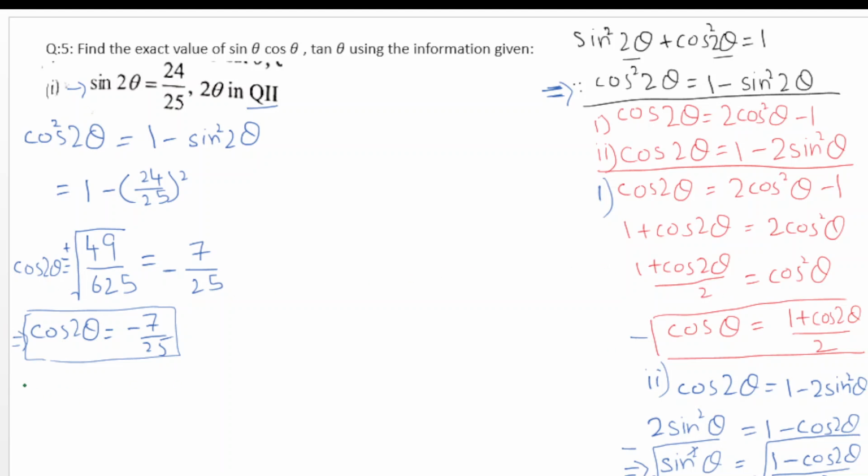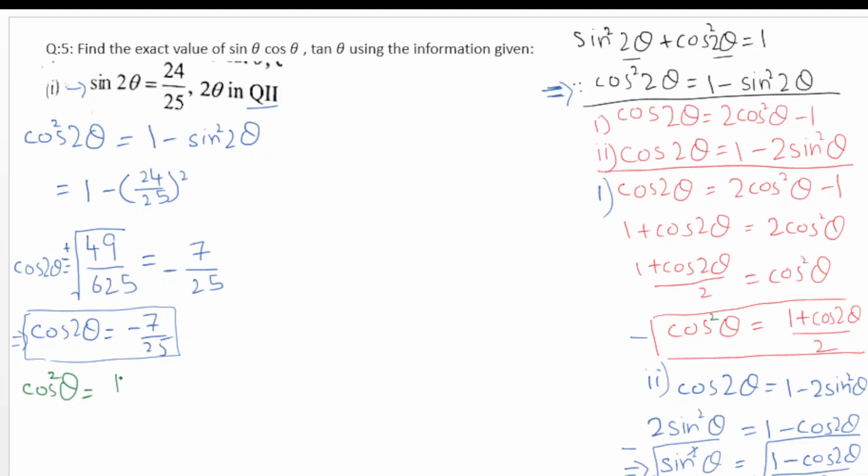Cos theta is equal to 1 plus, here cos square basically. So here cos square. I don't put the square root till now.